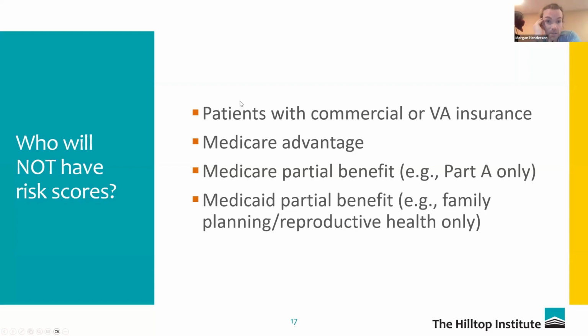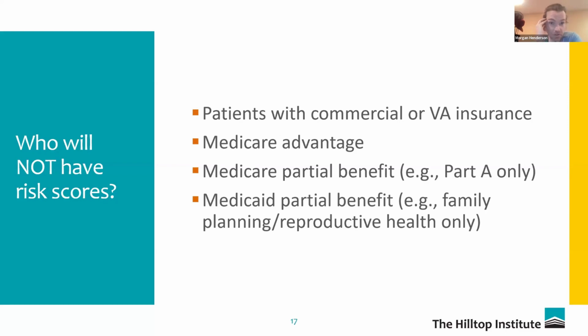And then Medicaid, so either Health Choice, the managed care program, where about 85% of people on Medicaid are enrolled, or you can be non-Health Choice Medicaid, but it has to be full benefit because of that same issue.